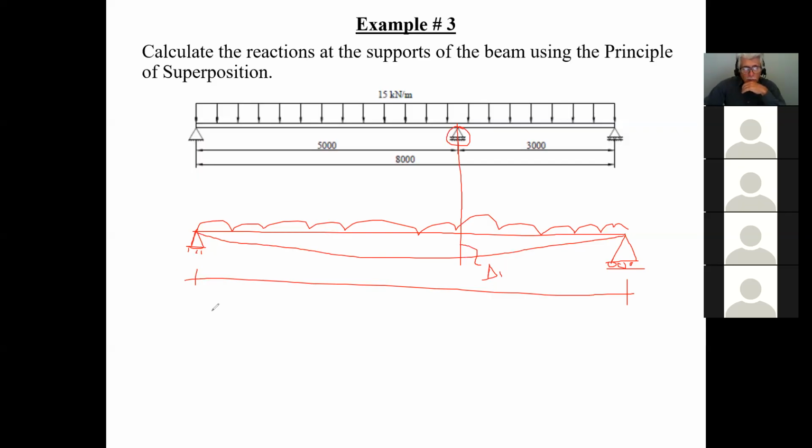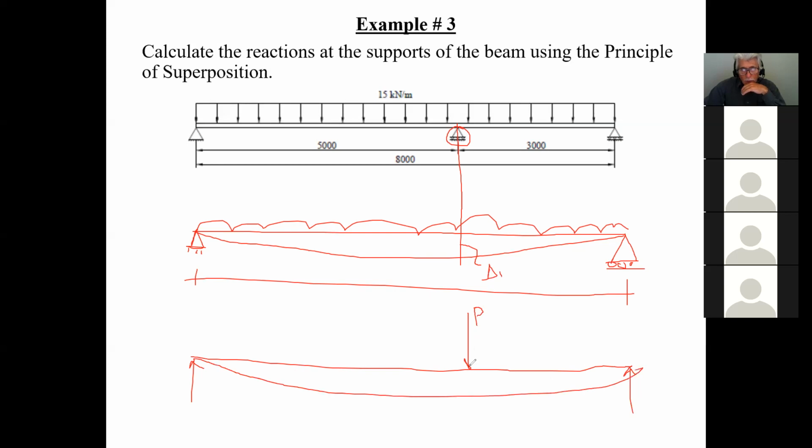Now, if I take the same beam here and I apply a force P here, can I calculate the deflection caused right underneath the force by this force P? Can I do that with the beam formulas?